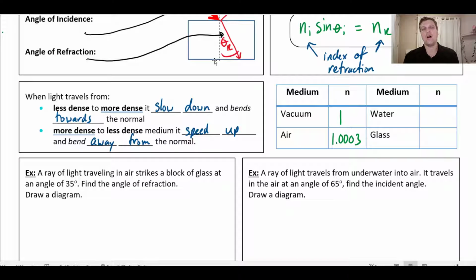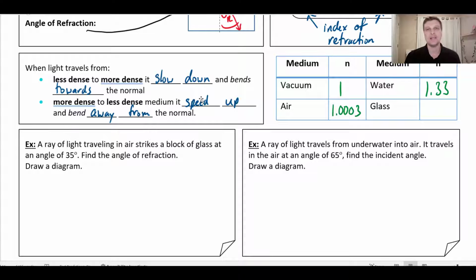So for all intents and purposes, we can treat air like a vacuum in most cases. Water, we saw that was approximately 1.33. It's going to depend on the temperature and a few things about the water. And then glass, depending on the type of glass, is probably somewhere around 1.5. So hopefully you get a sense that your index of refraction is going to be a number that's more than 1, but not necessarily much more.